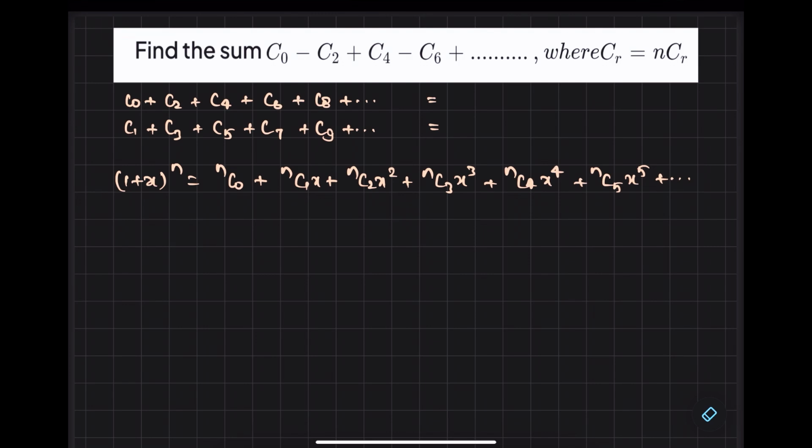Then alternately we will get plus minus signs, and on the left hand side we will have 0. So we can find out that the sum of odd lower subscript and the sum of even lower subscript come out to be the same, and that will be 2 power n minus 1. Correct? N minus 1, sorry.